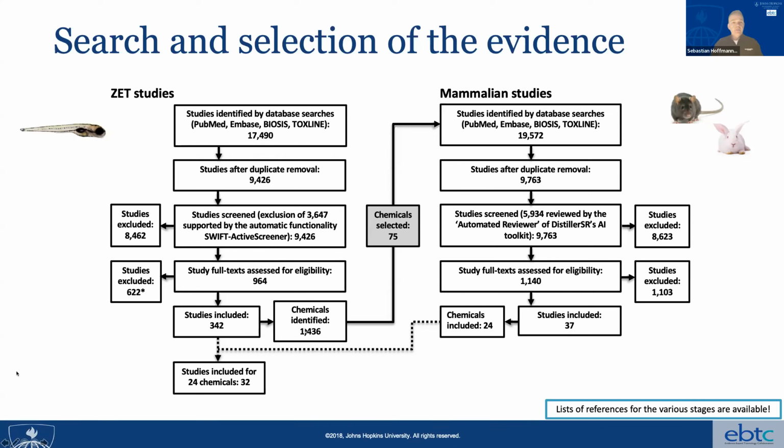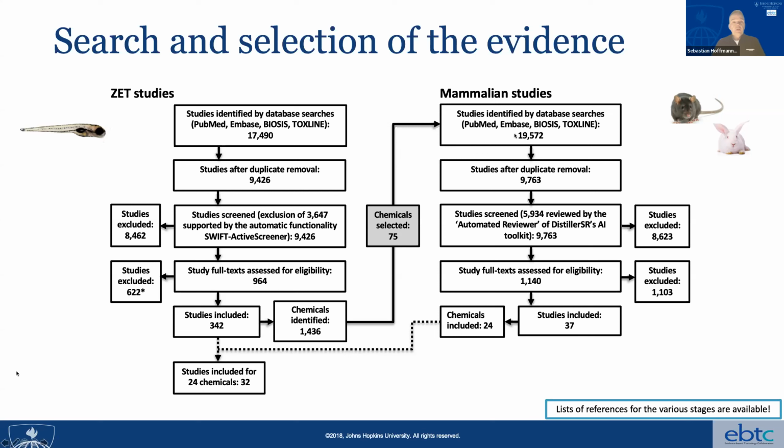This amount of chemicals was not feasible to be taken forward into the mammalian wing of our review. So we selected 75 chemicals for which we hoped that it would cover the chemical space very well, but that there would also be data available from the mammalian studies.